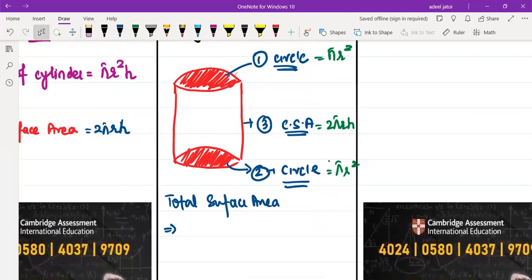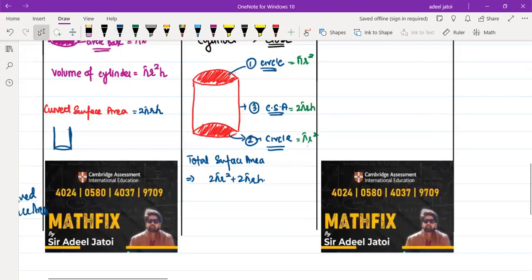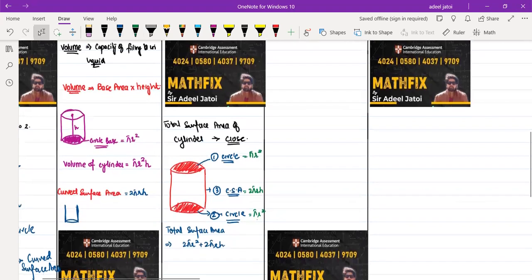So the area of two circles is pi r square plus pi r square, which will be 2 pi r square. And then we have 2 pi r h. So the closed surface area formula will be 2 pi r square plus 2 pi r h.